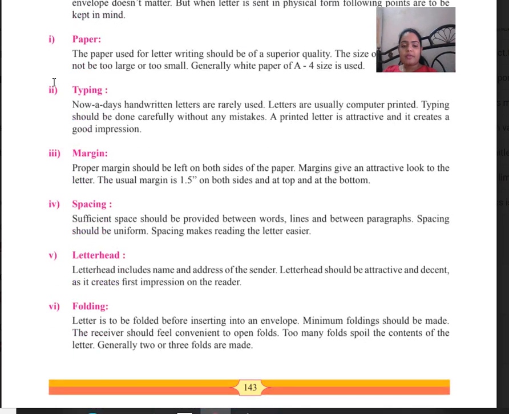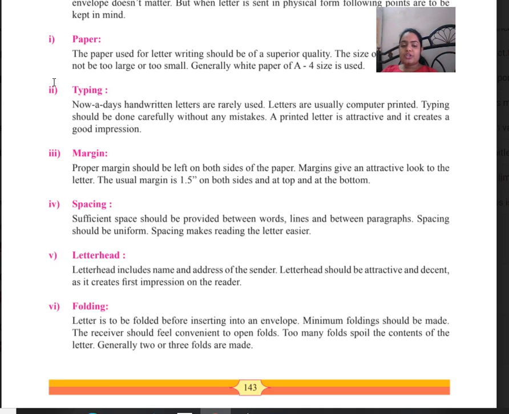Then next we have margin. Proper margin should be left on both sides of the paper, to give an attractive look to the letter. The usual margin is 1.5 on both sides and at the top and the bottom. So there is 1.5 centimeters of gap from the end of the paper. So exactly in the center of the page, whatever content is to be written is written so that the letter looks attractive.